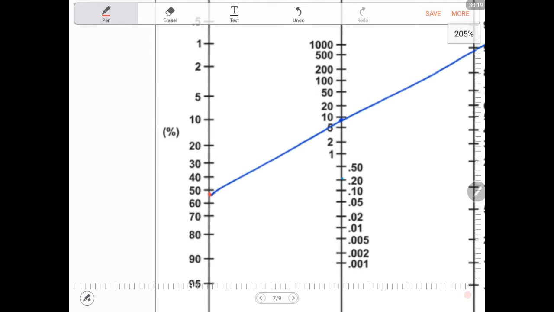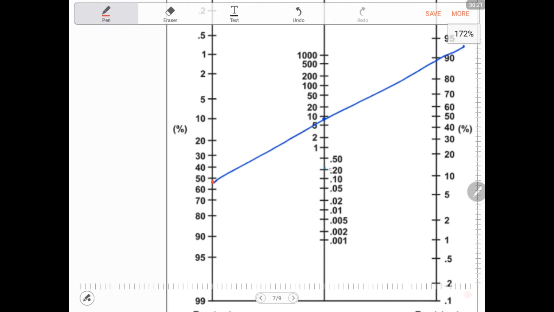Tapos, ang isa is 0.21. So, lagyan natin nandito. Now, if we were to extend it, ayusin. See?